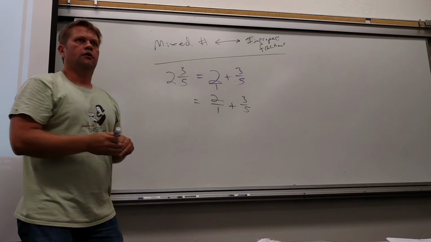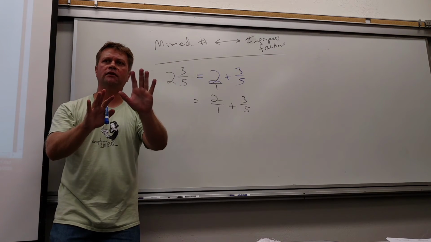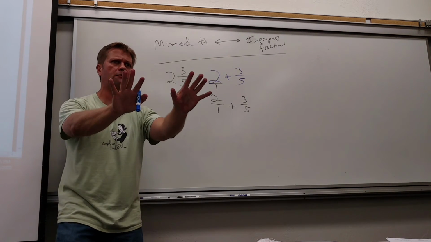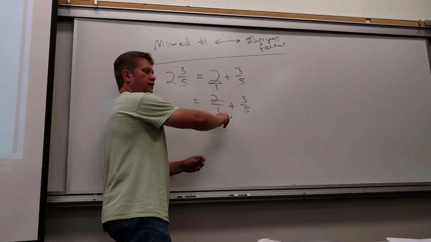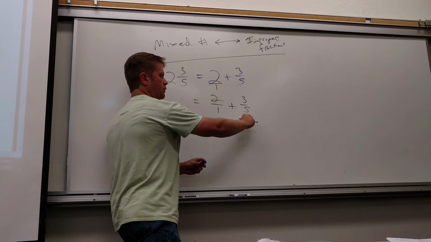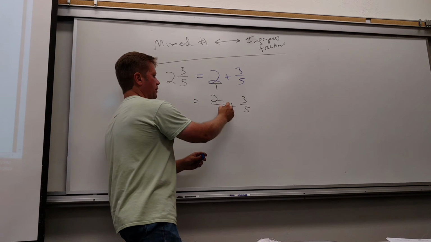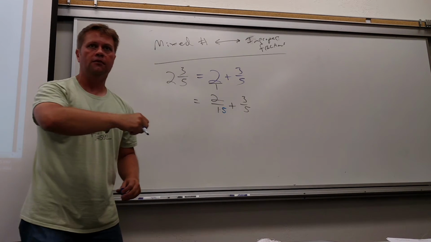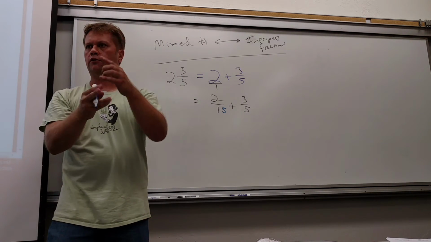Now, to explain how to do this requires something we haven't gotten to yet, but this is an easy example of this, so I'm hoping you guys are going to be with me. How do I make this a 5? Because this needs to be a 5 to be able to add with the other fifths, right? So, yeah, multiply by 5. Whatever I do to the bottom, I have to do to the top also to keep it the same fraction, right?